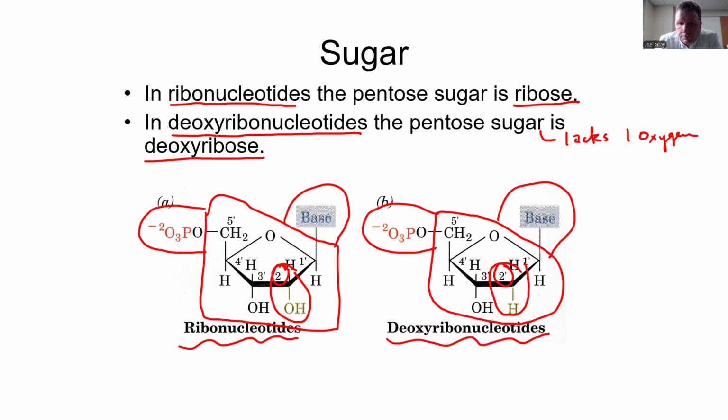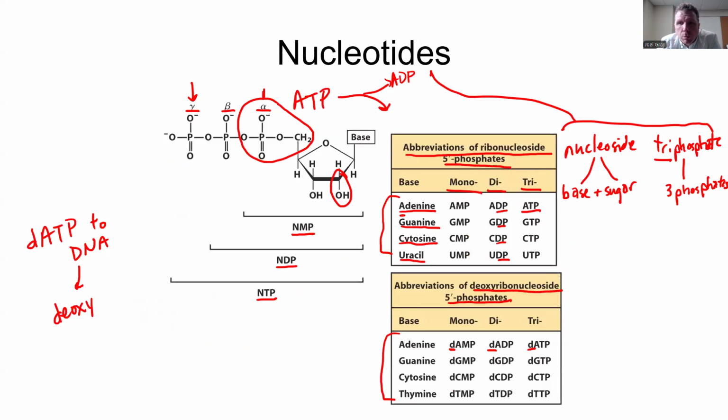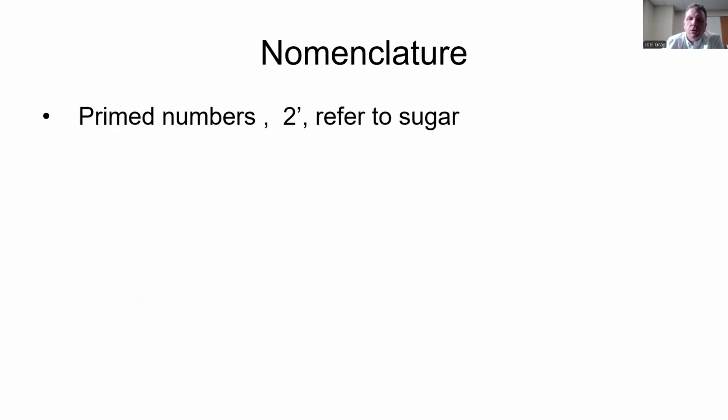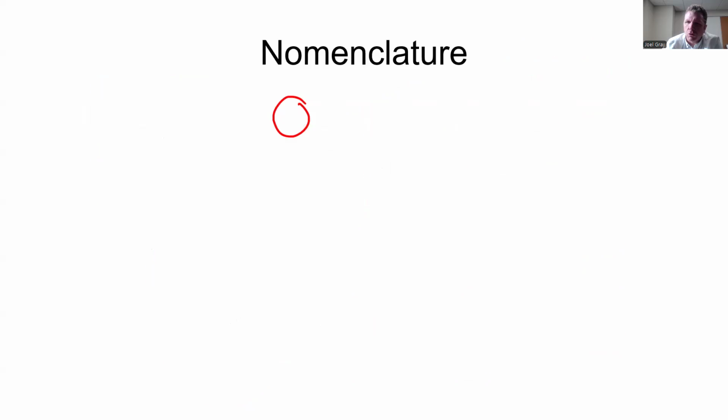That is important. And the reason that's important is because, first of all, it distinguishes between DNA and RNA, but also that 2 prime is specific and unique because if I say atom number 2, am I talking about the base structure or am I talking about the sugar?